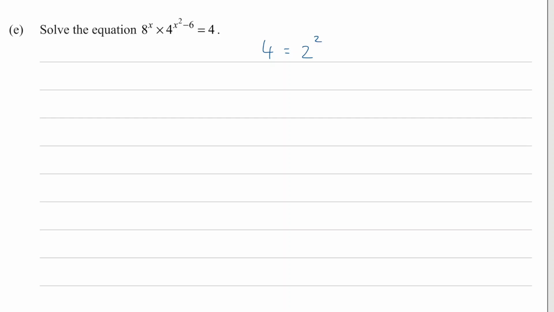How could we write 8 as a power of 2? That would be 2 cubed. So wherever we have a 4, we replace it with 2 squared as the base. Whenever we have a base of 8, we replace it with 2 cubed.